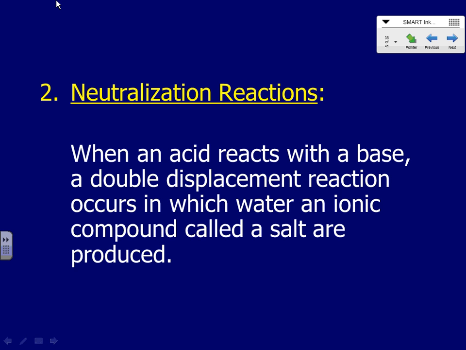You might think that's a failed reaction, but we are getting a new liquid formed. That new liquid is water. A double displacement reaction occurs in which water and an ionic compound called a salt are produced.